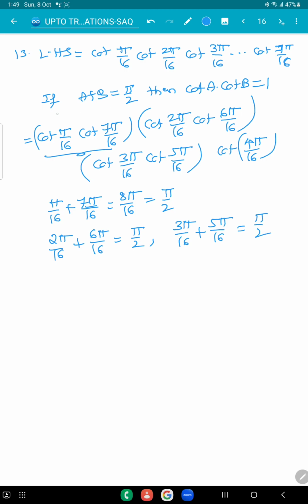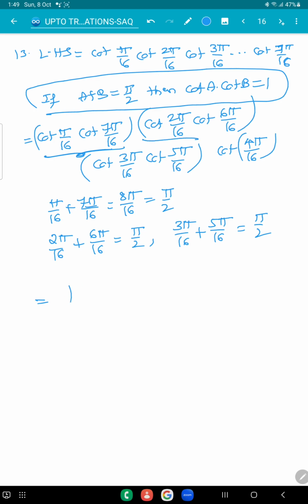So we apply this result: when the sum of angles is pi by 2, cot A into cot B is 1. So this becomes 1, this becomes 1, this is also 1, and cot pi by 4 is 1. So that is equal to 1, which is the right hand side. Done.